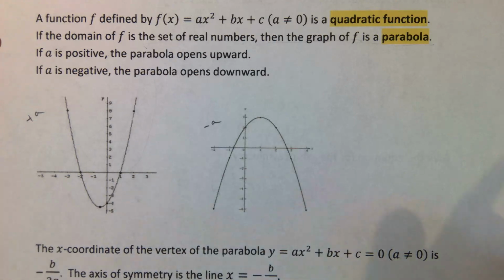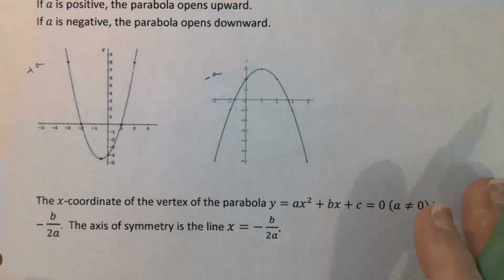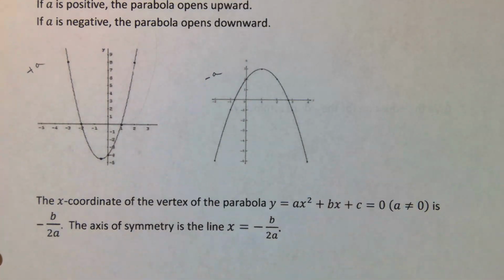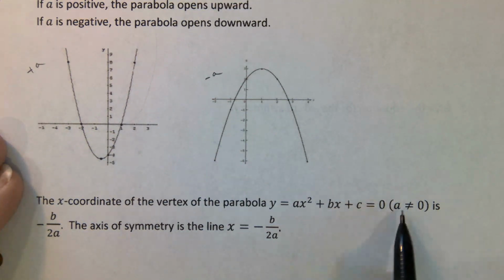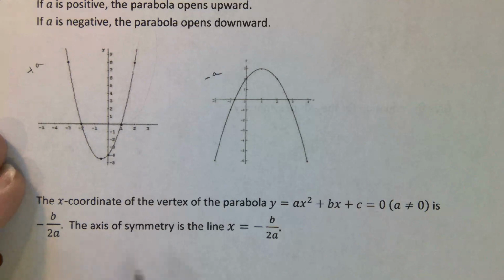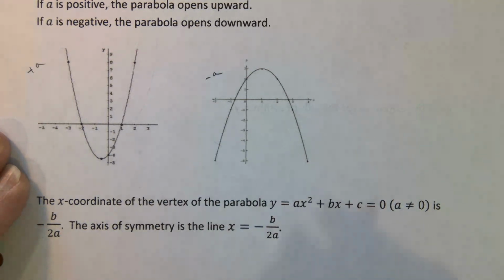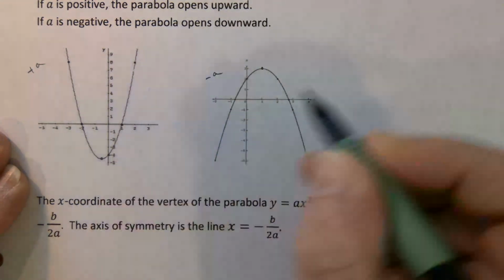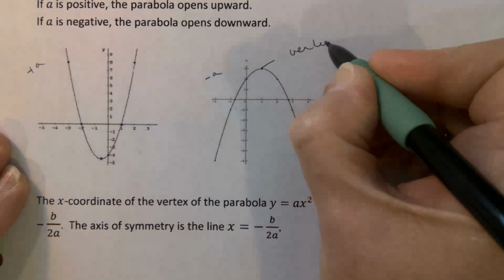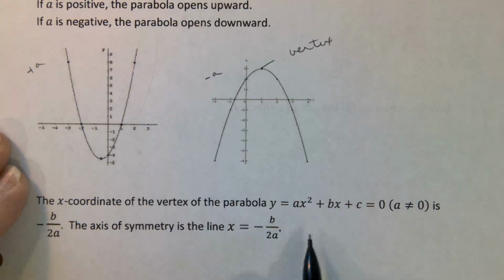Okay. The x coordinate of the vertex of the parabola y equals ax squared plus bx plus c is negative b over 2a. So this is the vertex. The highest point or the lowest point is called the vertex. And we can find the coordinates of the vertex.